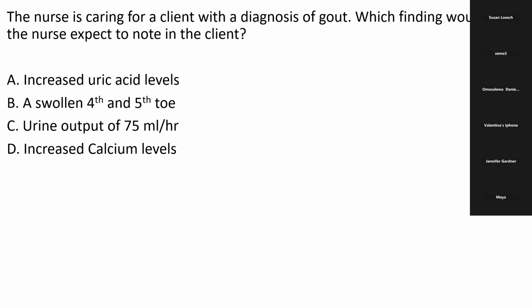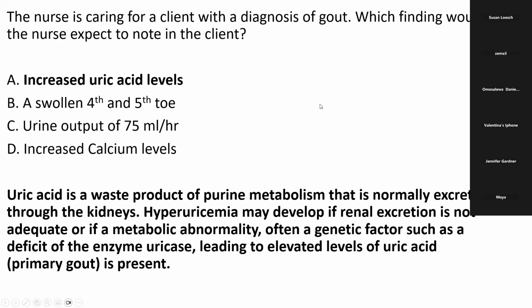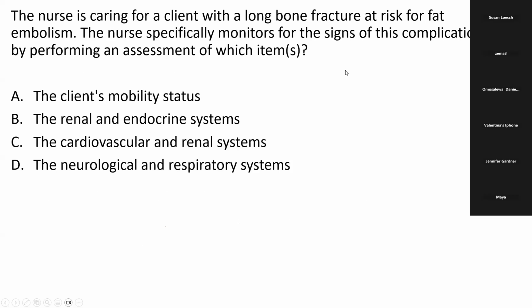Okay, these little crystals, these little tophi are deposited into the bone there, and that causes damage and pain. Oh, also, kidney issues. If they have kidney problems, we'll have an increase in uric acid. We missed that one.